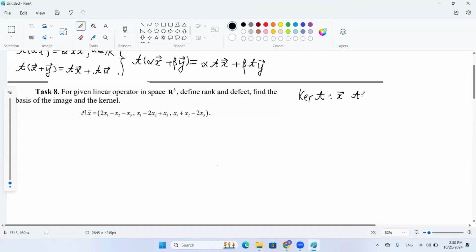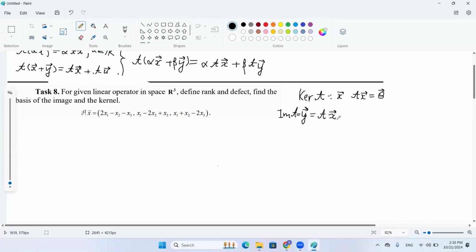The image is the set of vectors y equal to operator A multiplied by vector x, where x belongs to the linear space. Yeah, so the image of the operator, correct. It's just the element that we get on the exit.